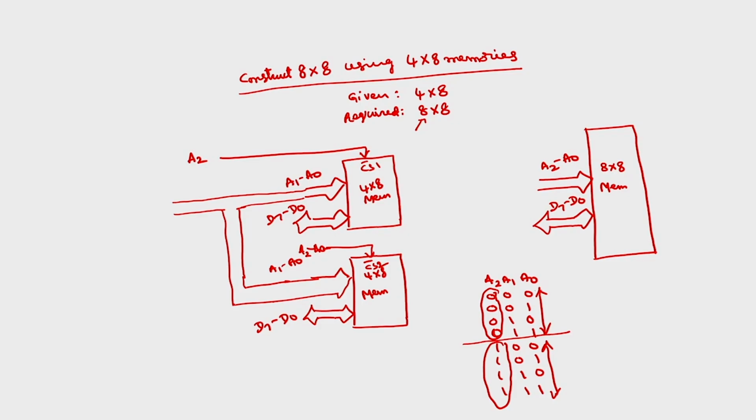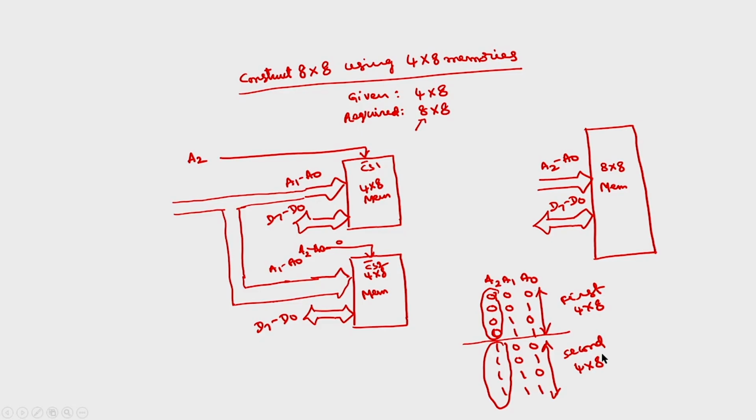So, when A2 is equal to 0, the first 4 by 8 memory will be selected. When A2 is equal to 1, after the NOT gate this becomes 0, so the second 4 by 8 memory will be selected.